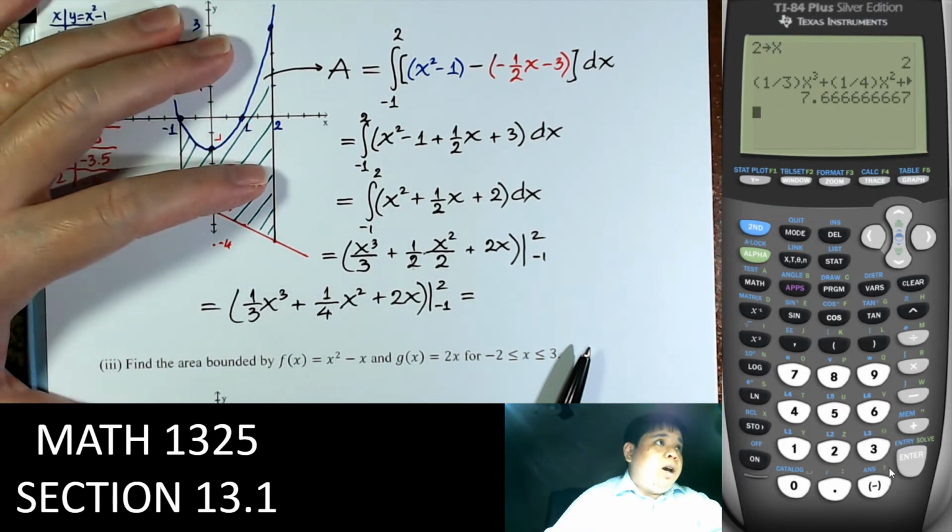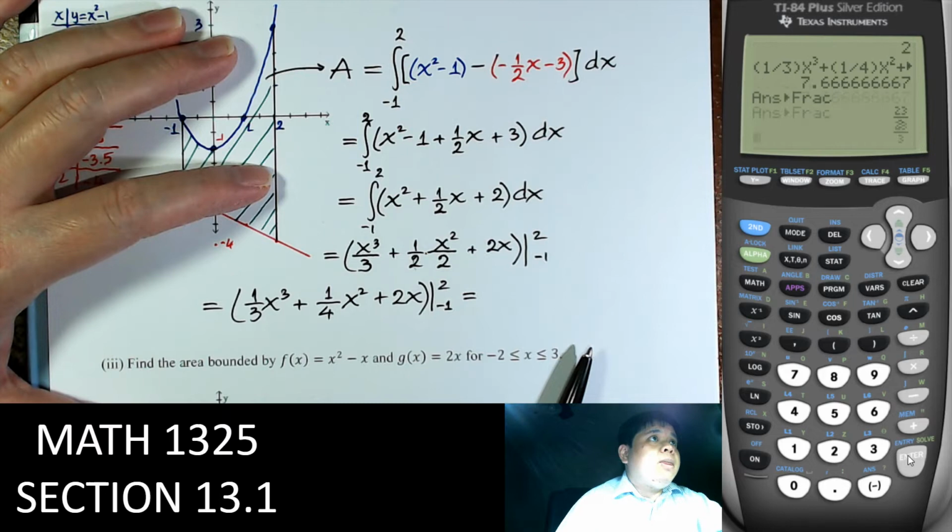So at x equal to 2 we have that, we can convert to fraction, 23 over 3.